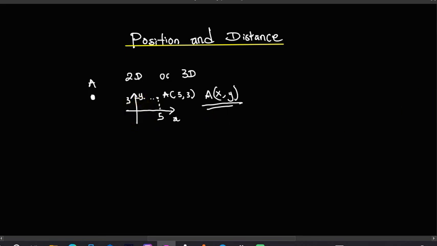But from a 3D perspective, we make use of a third axis called the z-axis. So we don't just have the y-axis and the x-axis, we also have the z-axis.